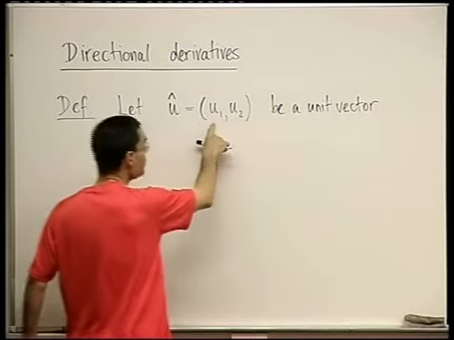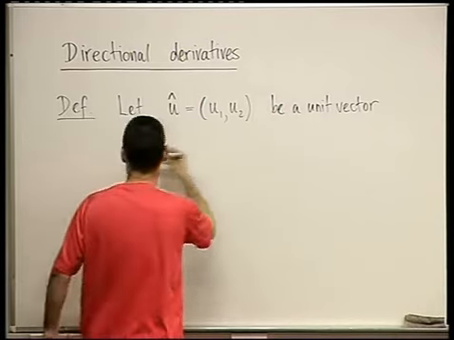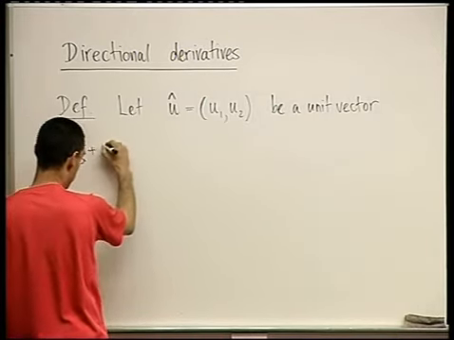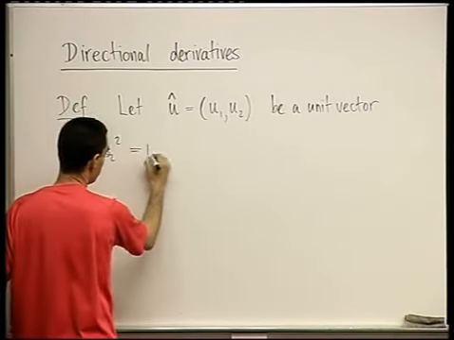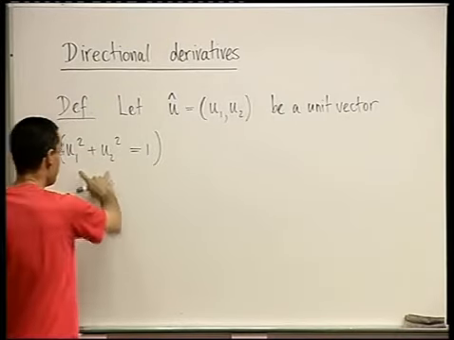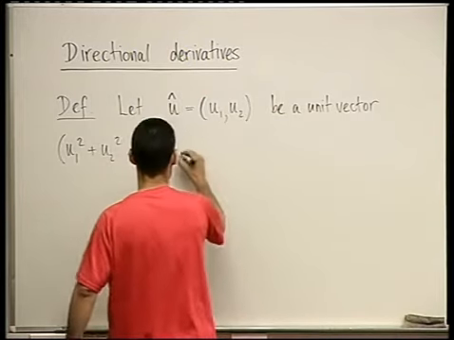The fact that it's a unit vector means that its length as a vector is 1. So I'm going to write that the square root of u1 squared plus u2 squared equals 1, but since it's 1, we don't need that square root, right? So that's the property of being a unit vector, and we're going to use that. That's why I'm emphasizing this.